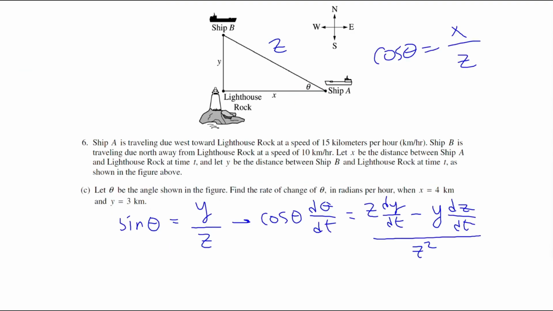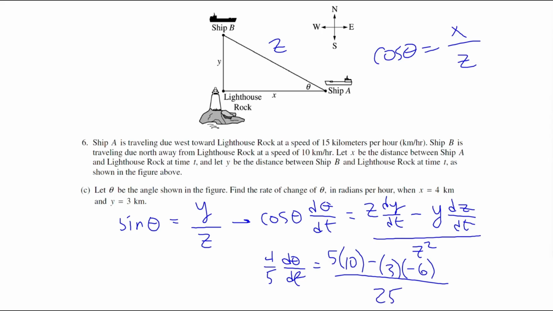So we're going to have z as 5, and our 4/5 d theta/dt is equal to z, which is 5, times dy/dt, and we already knew dy/dt was 10, minus y, which we know is 3, times dz/dt, which we got negative 6 for, all divided by z squared, which was 5 squared, so 25. Now we're going to just simplify all this down.